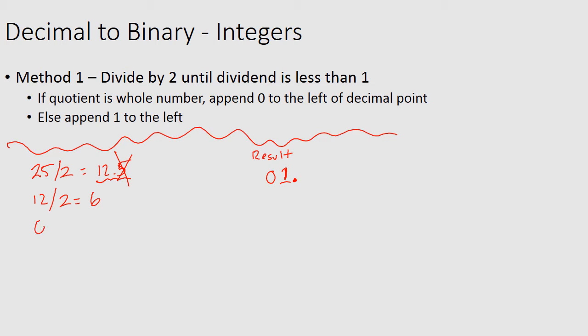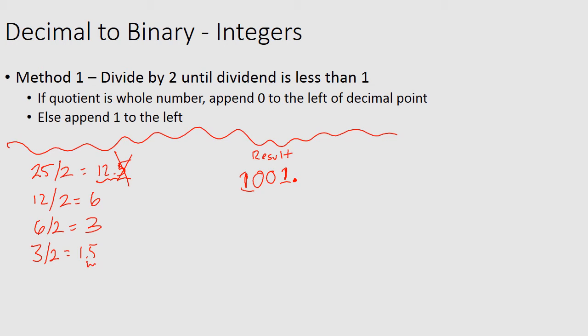And we continue this again, so 6 divided by 2, that is 3, and because 3 is a whole number, we append a 0 to the left of the previous number, which is a 0. And then 3 divided by 2 is 1.5, and because 1.5 is not a whole number, we append a 1 to the left of that.